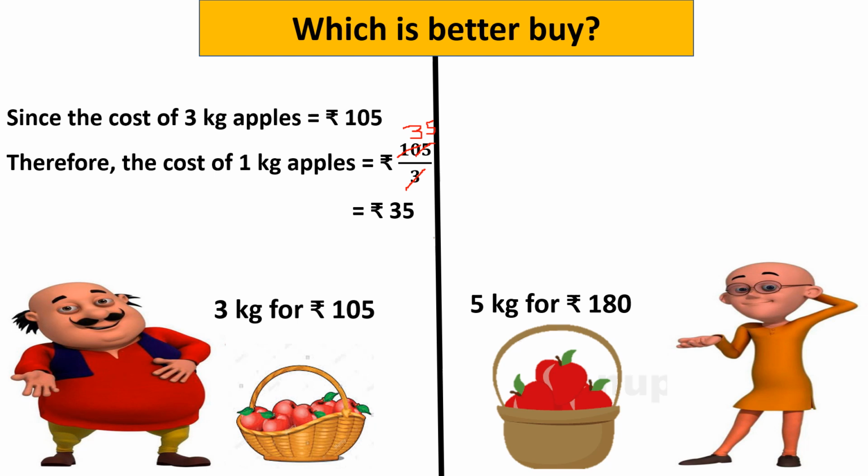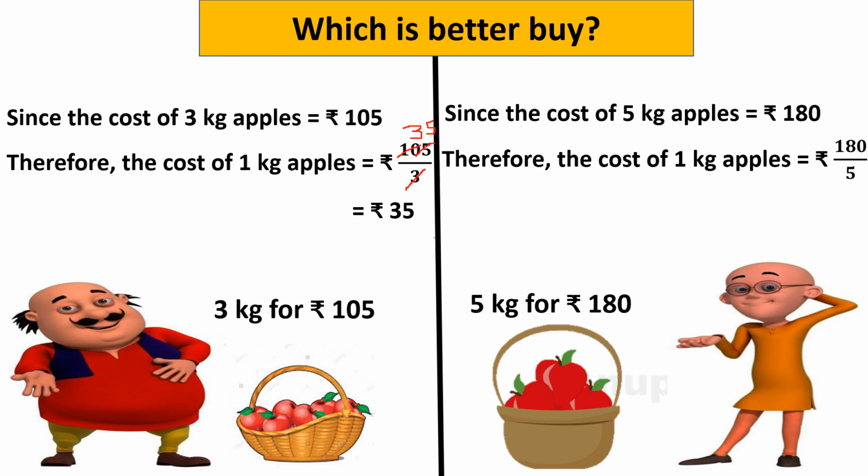Let us find out the rate for Patlu. Since the cost of 5 kilogram apples equals rupees 180, what is the cost of 1 kilogram apple? Therefore, the cost of 1 kilogram apple equals rupees 180 divided by 5.